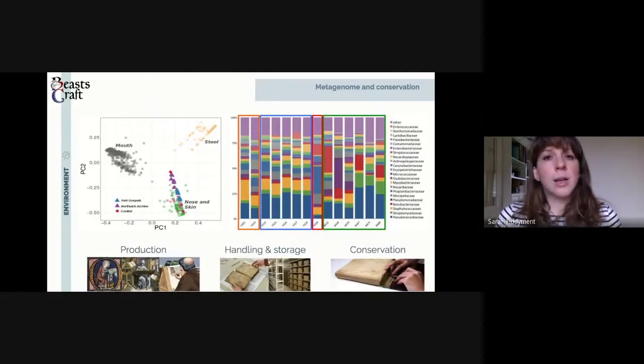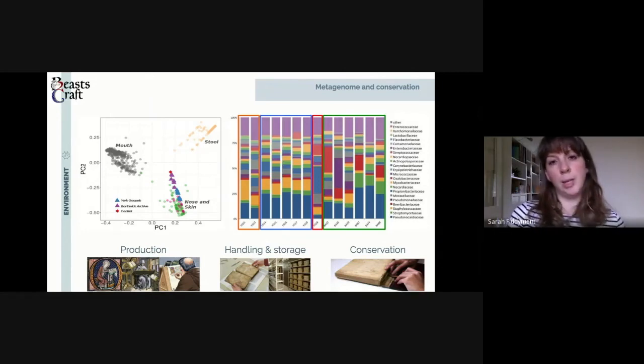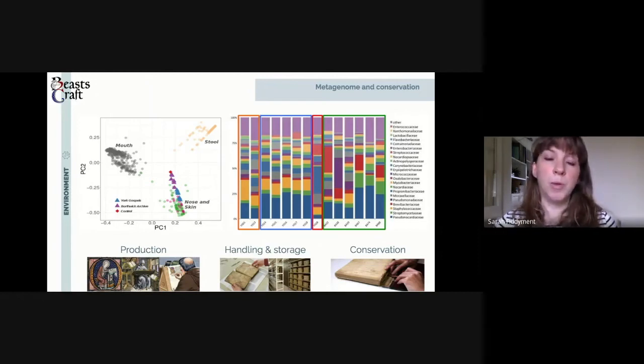The last example is the environment. So when we were talking about the microbiome, so these microorganisms that live on the parchment, this is the example again of the York Gospels, and on those same 8 samples that we did the sex ID for, we were also able to look at the microbiome. So the first thing you can see here on the left is the graph. We were basically comparing the microorganisms we found to standard microbiomes from the Human Microbiome Project.